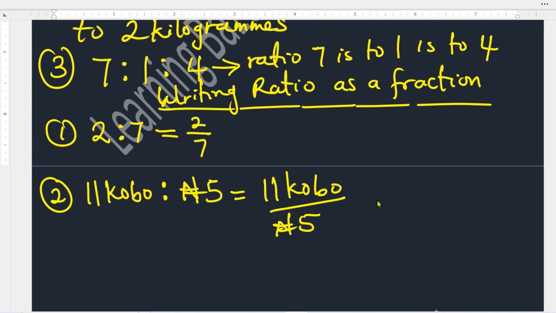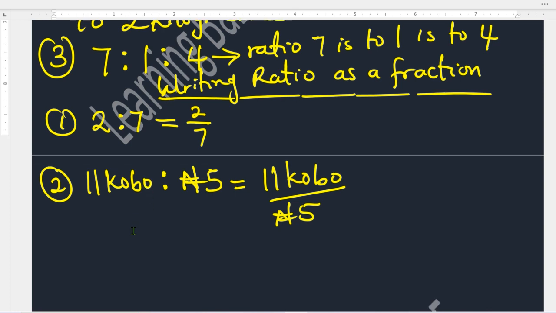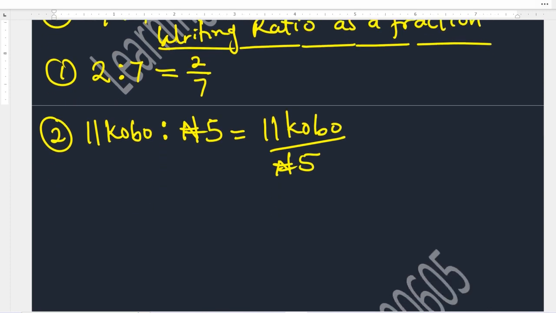So we only need to learn how to convert from one unit to another. That's conversion. We'll also be learning conversion this third term, when our classes begin. Now let's move on. Another ratio as a fraction.